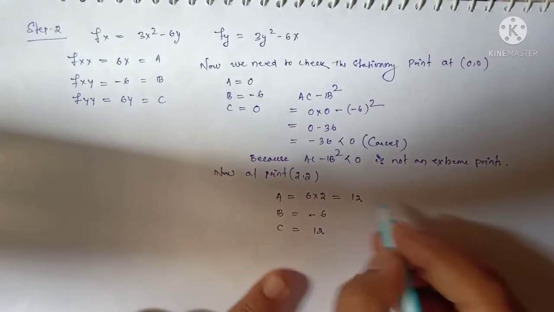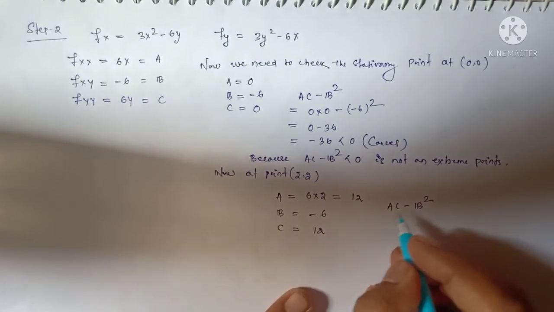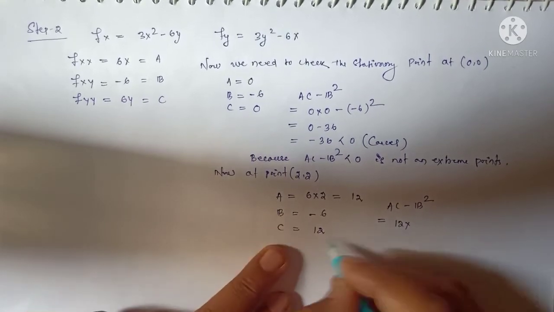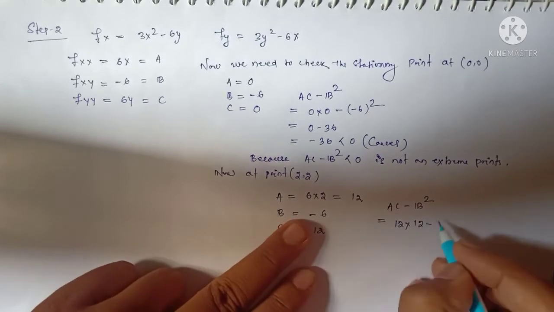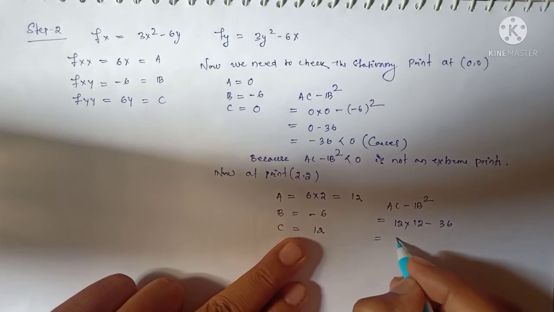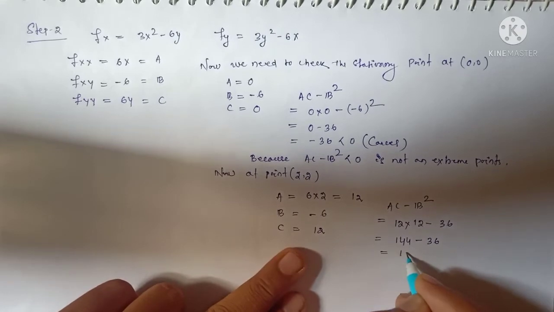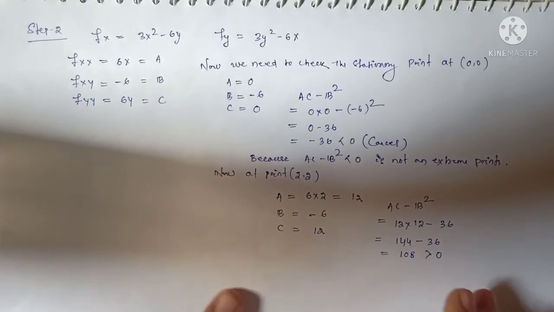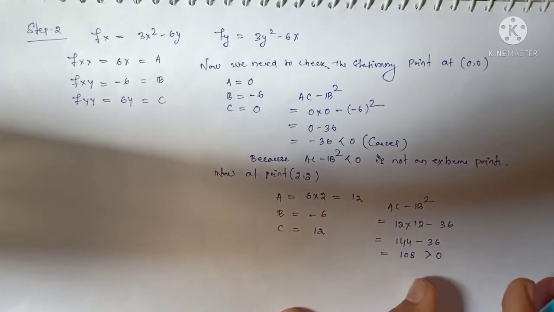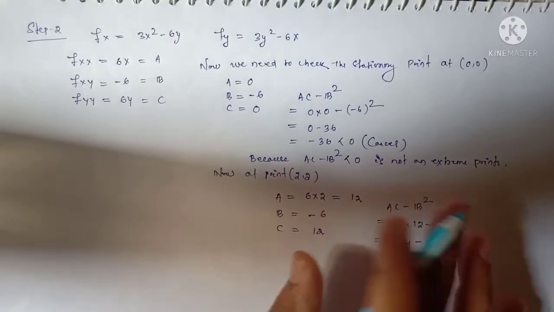Now using the same method, AC minus B square, here what we get, that is A into C, 12 into 12 minus B square, that means 144 minus 36, that will be 108, which is greater than 0. So in this case AC minus B square is greater than 0. So we will consider this one, we will not consider the case where it is less than or equal to 0.